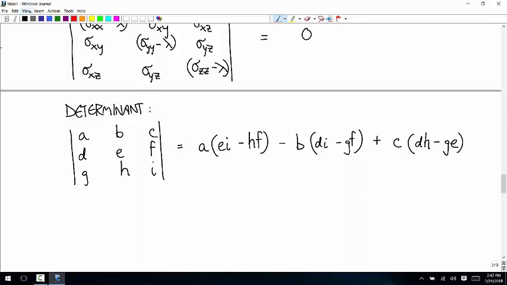And I think most of your calculators have a determinant function built in, but you could program it too. You could also go down the row if it's easier.